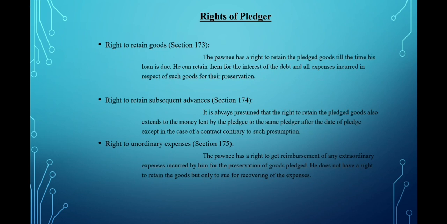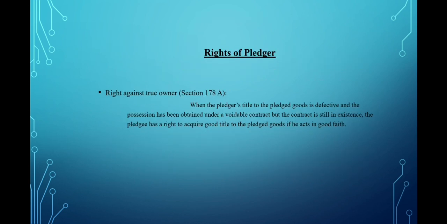The pawnee has the right to get reimbursement of extraordinary expenses incurred by him for the preservation of goods pledged. He does not have a right to retain the goods but only to sue for recovery of the expense. Now, Section 178A says right against true owner.